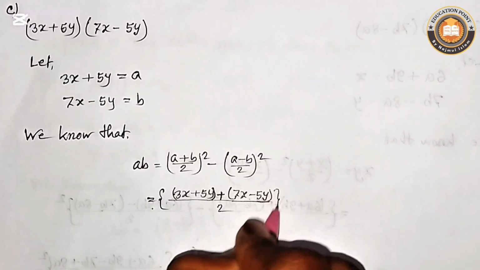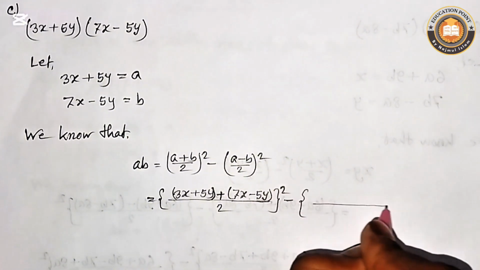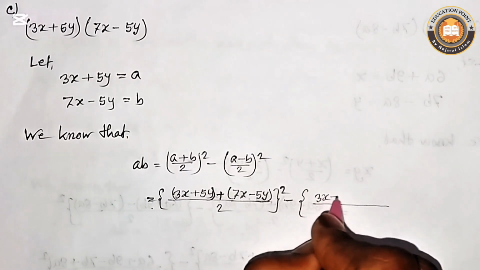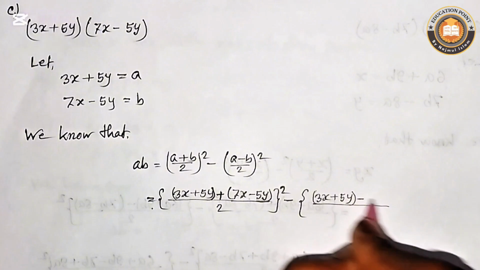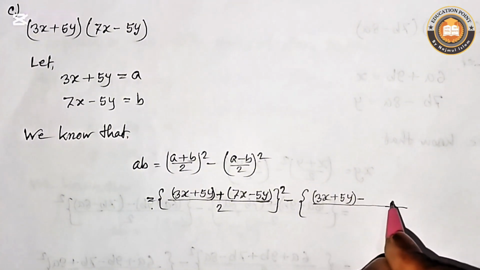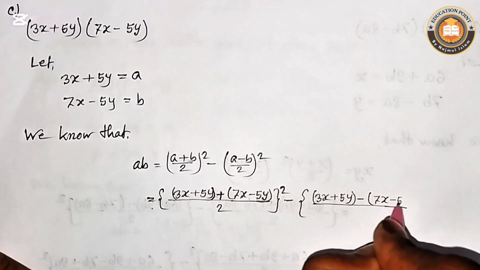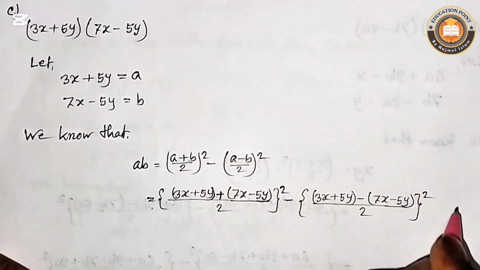by 2 whole square minus value of a is 3x plus 5y minus value of b is 7x minus 5y by 2 whole square.